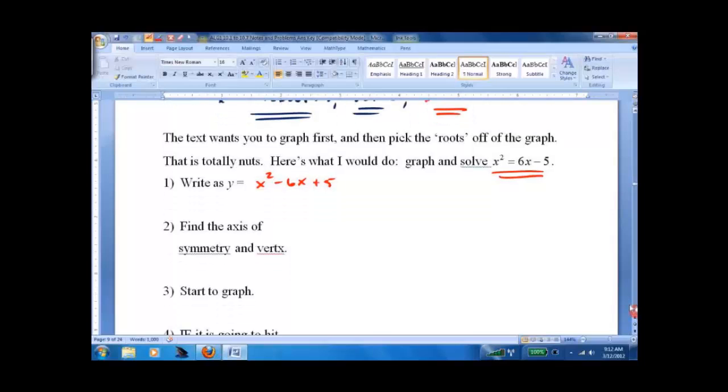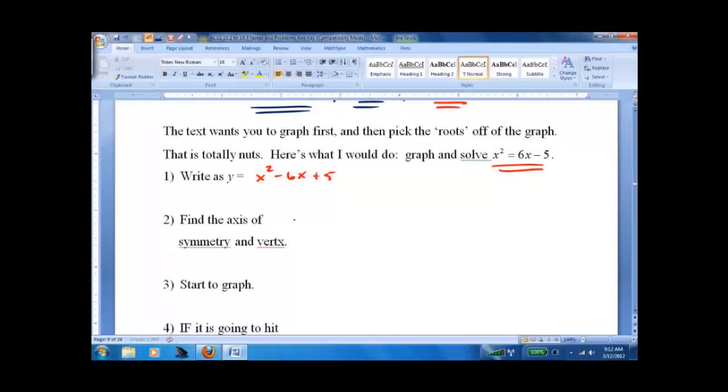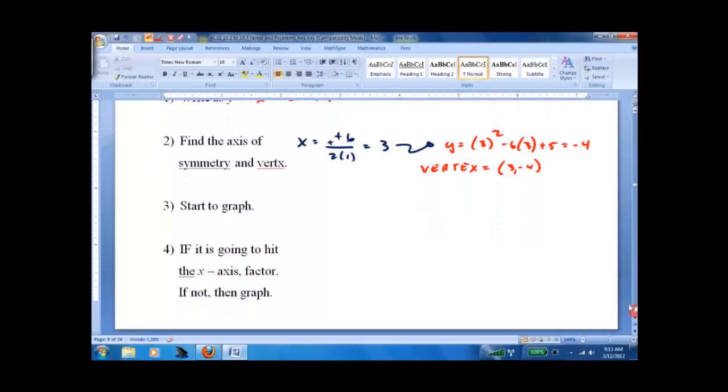Find the axis of symmetry and vertex. Plug it back in. Start to graph it. I'm going to put it out here so I can use all the space.